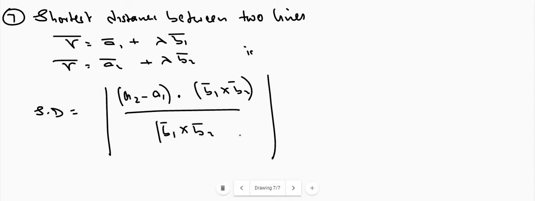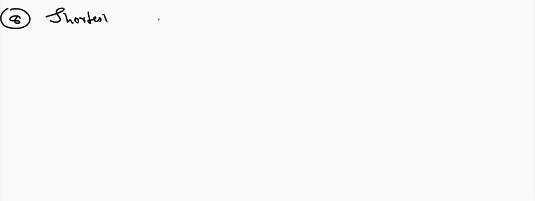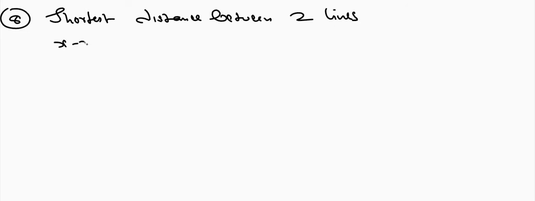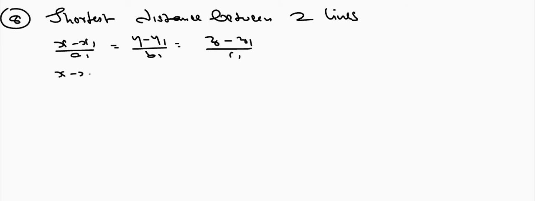If the lines are given in Cartesian form, there is another formula. Number 8, shortest distance between two lines given in Cartesian form, that is (x minus x1) by a1 equals (y minus y1) by b1 equals (z minus z1) by c1, and the second line passing through the point (x2, y2, z2) and parallel to a vector having DRs a2, b2, c2.